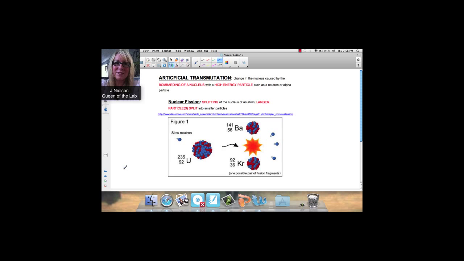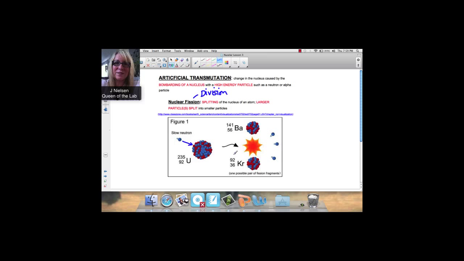In nuclear fission, and I always remember this by fission, division, we are going to split the nucleus of a very large atom into smaller pieces by bombarding it with a neutron. So in comes this neutron into uranium-235, which causes it to split into two other fragments.